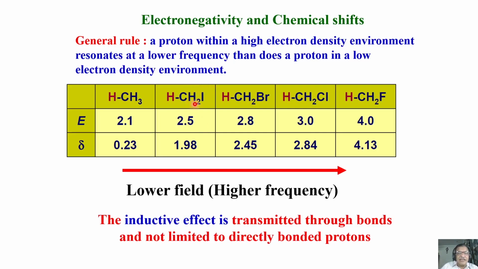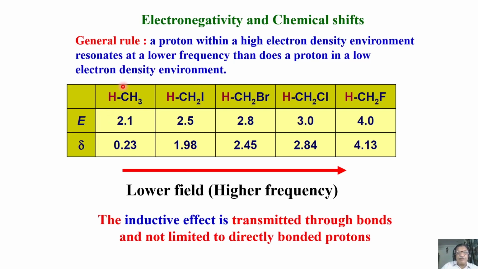As a consequence, the higher the electronegativity, the more electron density is withdrawn, and it shifts more to the downfield. Remember this point. It resonates at lower field because it withdraws electrons, causing de-shielding. This is one of the important effects of substituting different electronegative groups for hydrogen atoms.